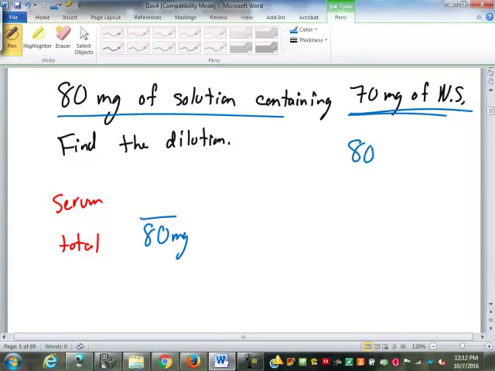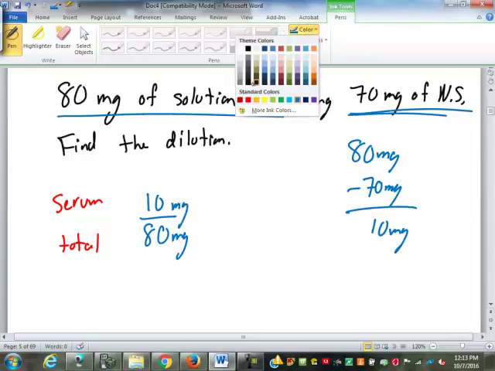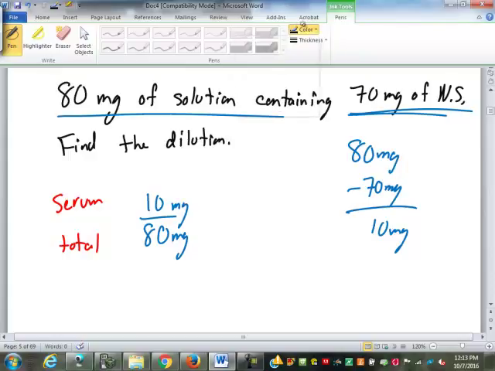So if we have 80 milligrams total, 70 milligrams of saline, that leaves us with 10 milligrams of serum. Milligrams cancel out, both of those. 10 and 80 can be divided by 10. Gives us a 1 in 8 dilution.